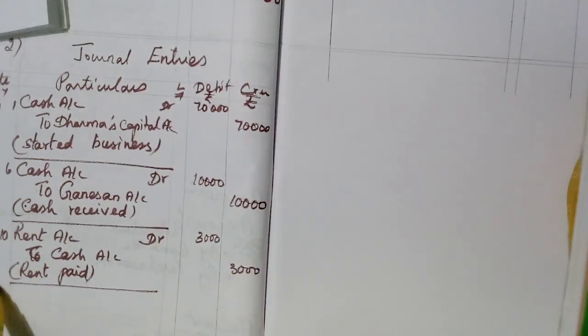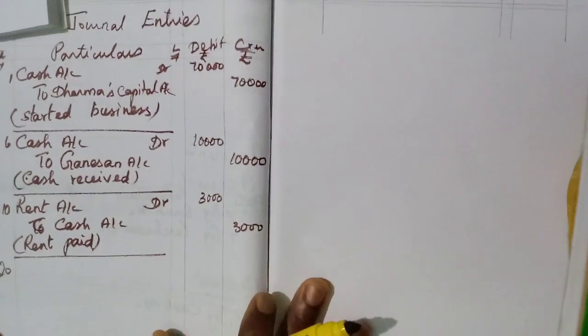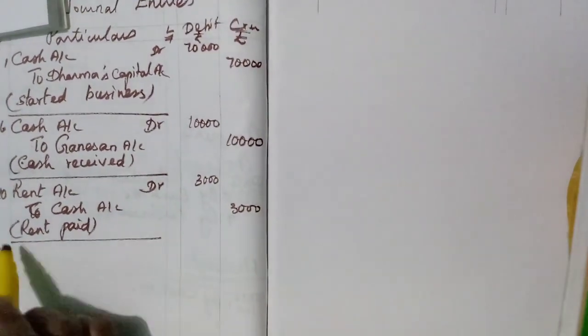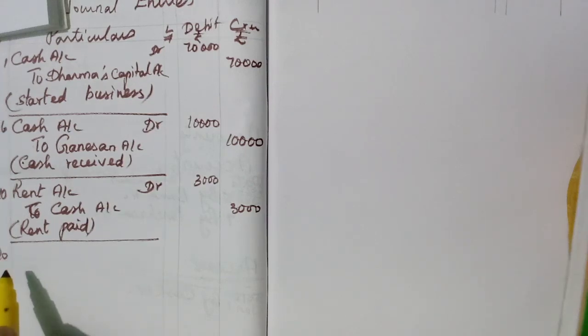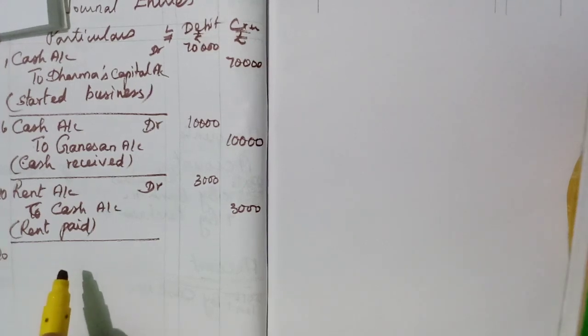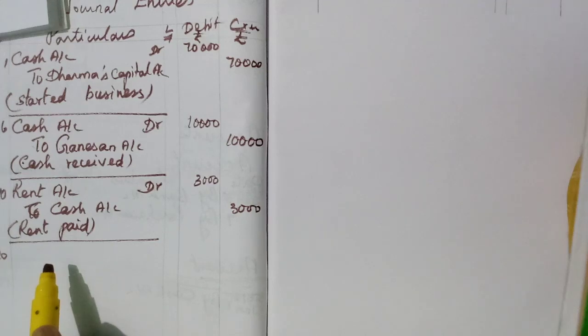Then 20. Received commission from Anand. Sorry, not rent received. Commission we receive. Okay. So commission is an income. So that we need to credit. Then from Anand, that also giver only.